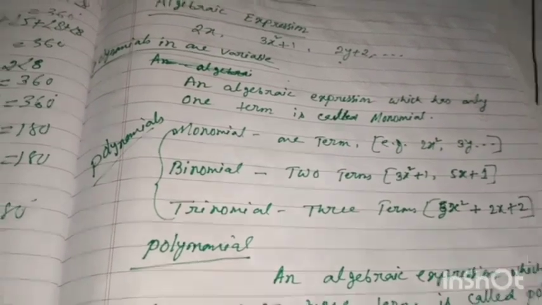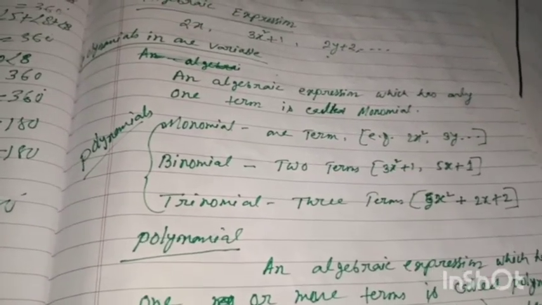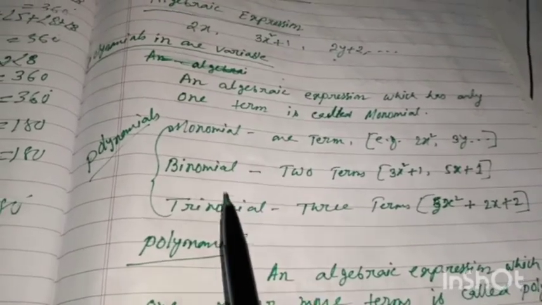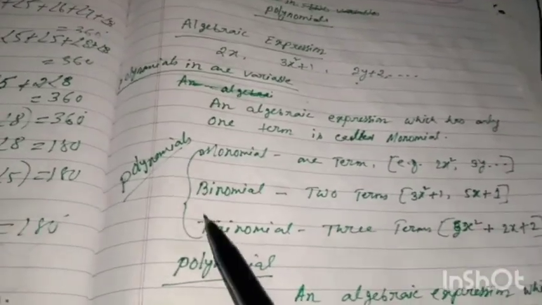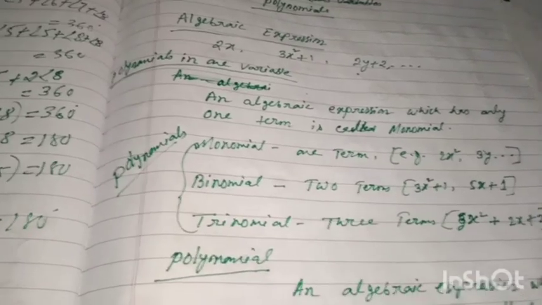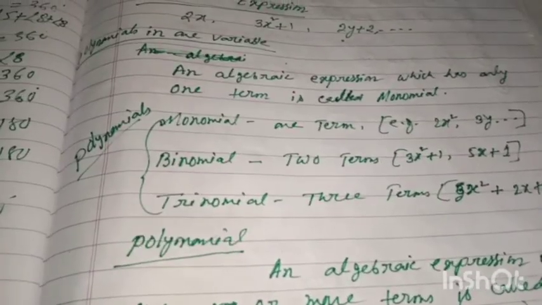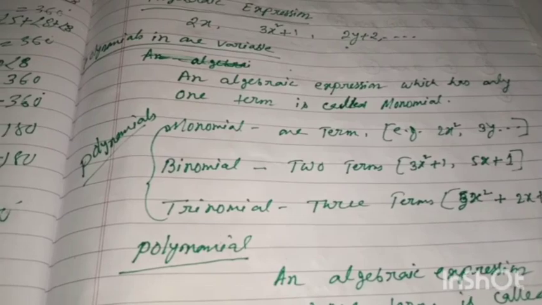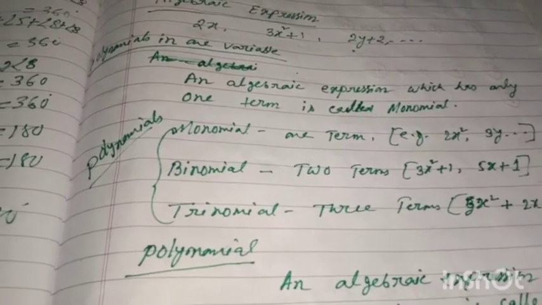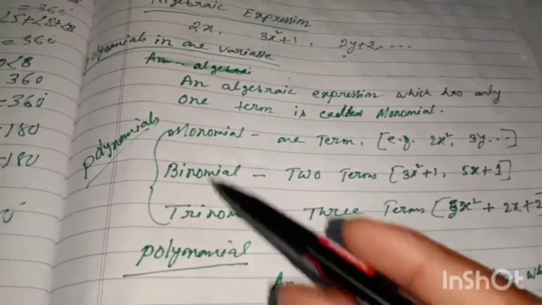Okay, 1 lakh terms, then also you can say polynomial. Means here monomial, binomial, trinomial, all are what? All are polynomials. Means 1 or more terms is a polynomial. Understood? I hope all of you understood what a polynomial is.